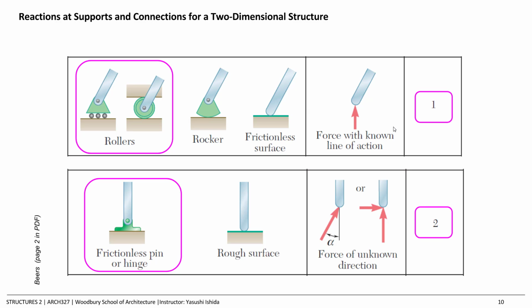Therefore, there is only one reaction for a roller joint, because there can only be this direction of reaction and no reaction this way. The pin joint, however, let's say this is the ground and this is your support point, and I can push this way.